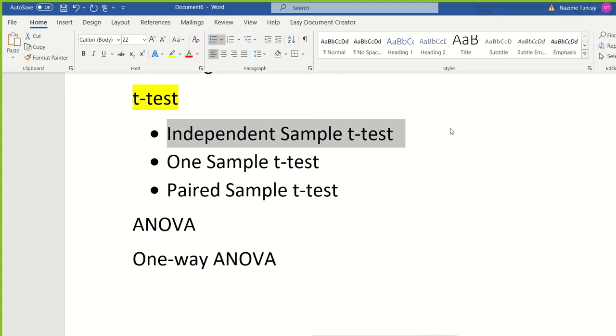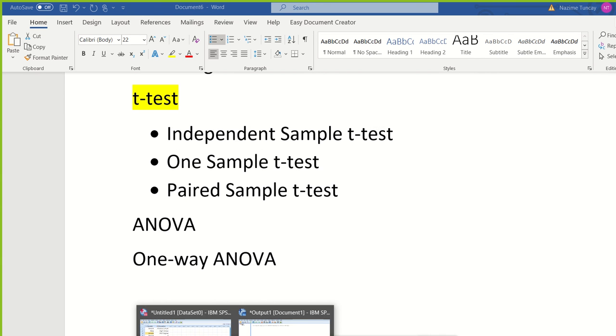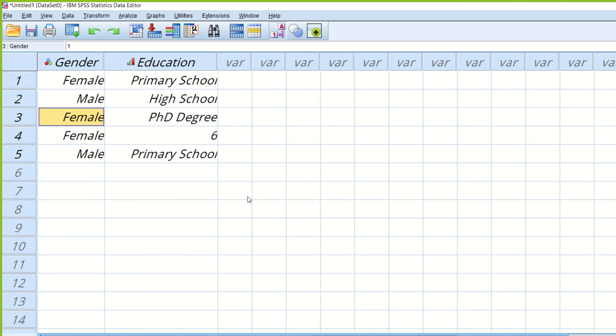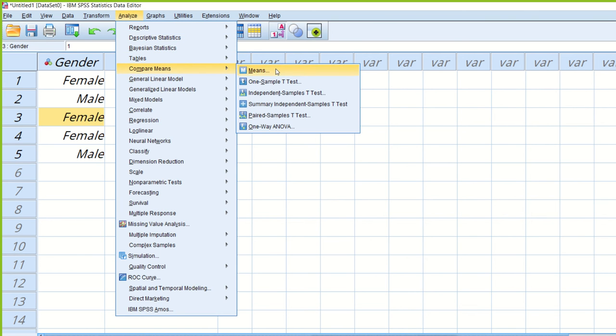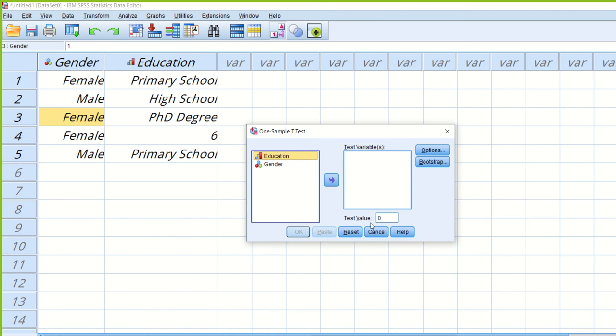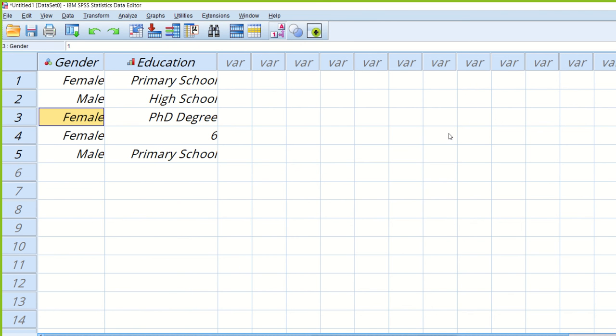With a little difference, they give results. And there is something else that is really important: SPSS and all the other statistical programs always give you some results, whether they are true or false. That's why there are many mistakes in research studies. If you choose compare means, one sample t-test, and pass these values and continue, you will see that you have a result.